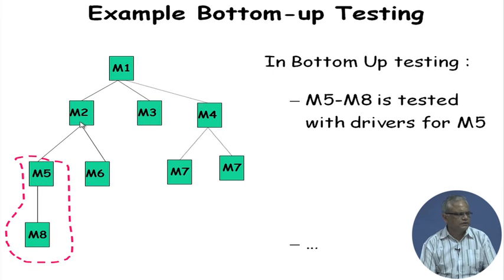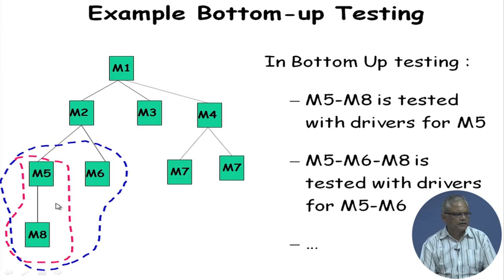M2 was calling M5, but we have not integrated M2, and therefore, we need to write a driver software which will call M5, and through this driver software we will test M5 and M8.